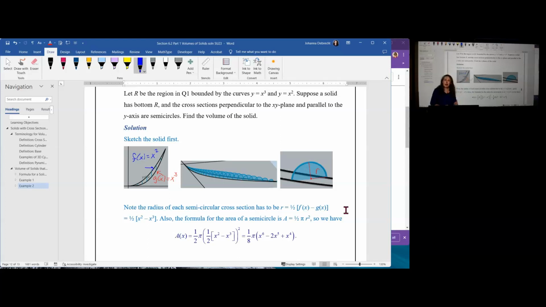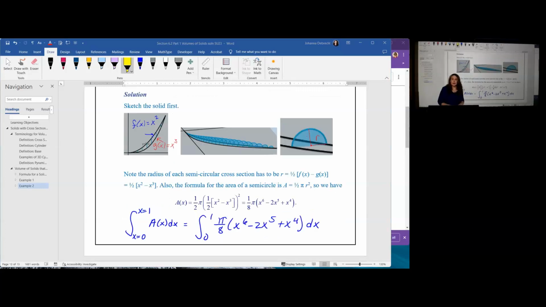Now let's multiply by the differential dx and integrate from 0 to 1. In order to find the volume of this crescent-shaped solid with semicircle cross sections, we need to integrate the area function from 0 to 1 with respect to x.